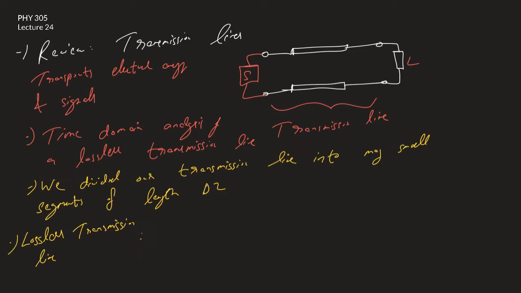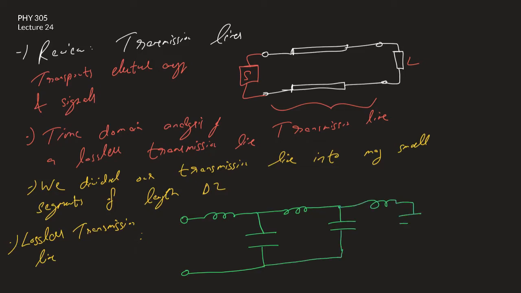we basically had the first conductor. This was connected to an inductor. There was a shunt capacitance. This was the second terminal. And then you had another inductor, and another capacitor, and then another inductor, and another capacitor, so on and so forth.